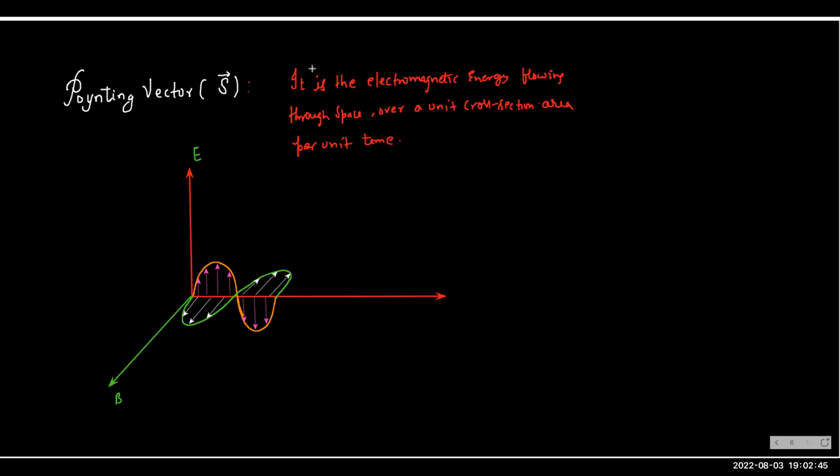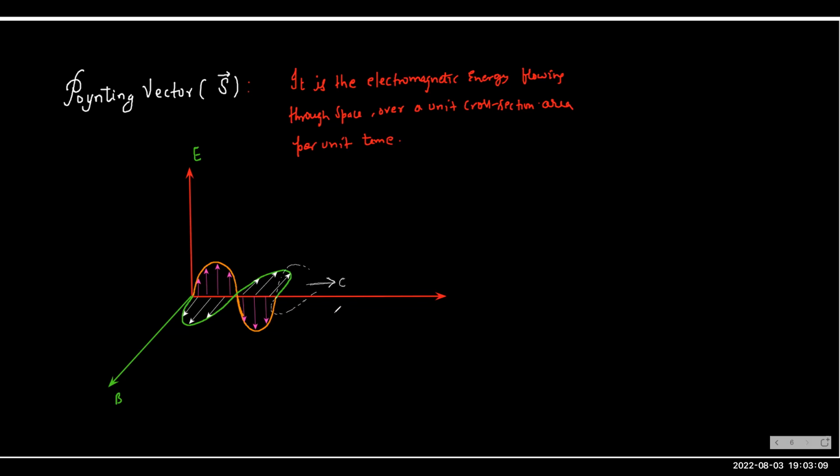And this oscillation continues forever. So it is not going to stop. And in this way, the energy of the light propagates in this direction. This is called the direction of speed of light. I mean, the propagation of light.